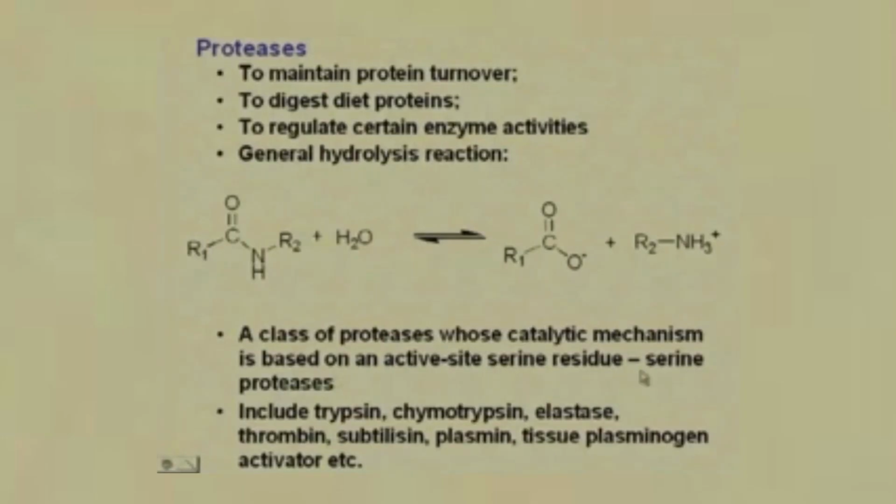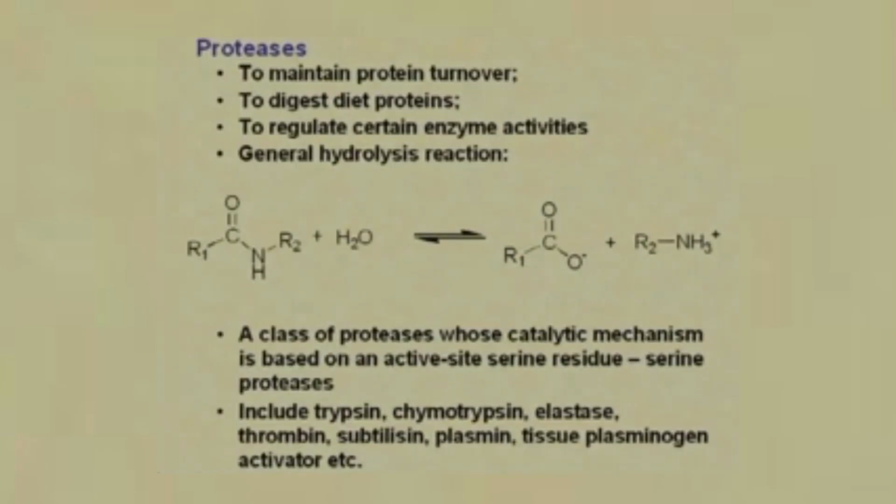The serine proteases include trypsin, chymotrypsin, elastase and so on, the other ones that I've listed here. If you remember, about 2-3 classes ago, I showed you a typical picture of how trypsin, chymotrypsin, and elastase could be accommodated in the active sites. So these are all examples of serine proteases where the catalytic mechanism is based on an active site serine residue.